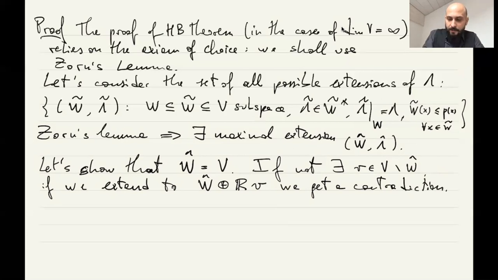So it's clear how we will define it. On W hat, we already have the map. We have to just say what is the value on v, and then by linearity, all is forced. But one cannot choose arbitrarily the value on v, because we want to also preserve the same bound on the norm. So let alpha in R, this value to be determined.